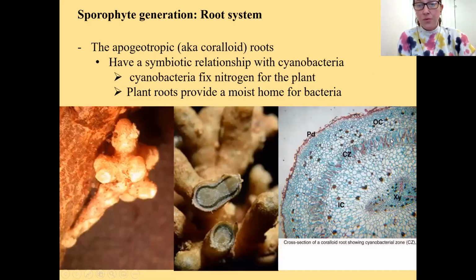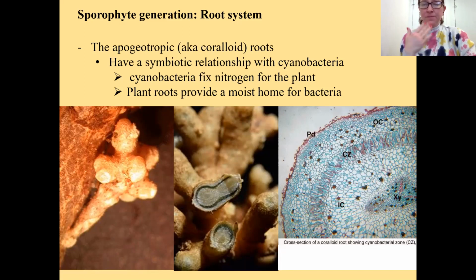And the reason why cycads have that is because, you guessed it, they have a symbiotic relationship. Inside those apogeotropic roots live cyanobacteria, which help to provide nitrogen for the plant. Remember, nitrogen exists in the environment in a lot of different forms. The most dominant form is atmospheric nitrogen, nitrogen in the air.